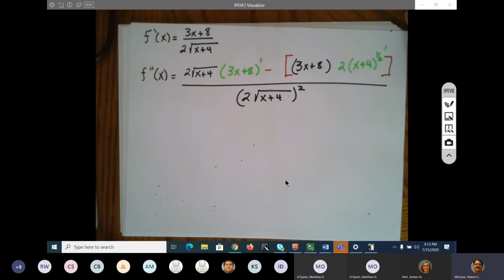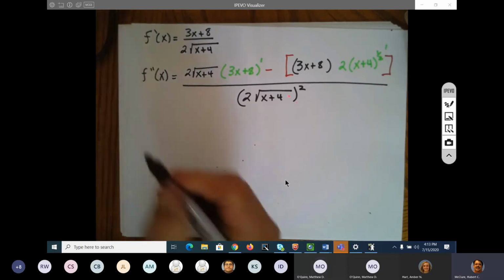Let's go with pink to do the derivative. I'll go ahead and be writing all the black down.